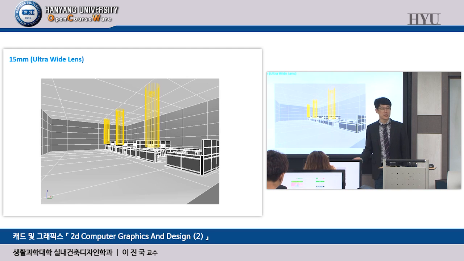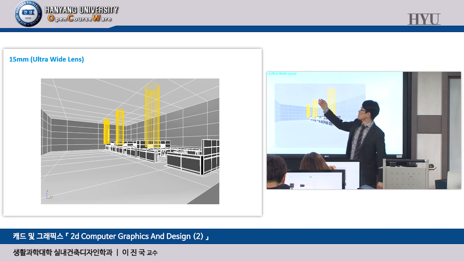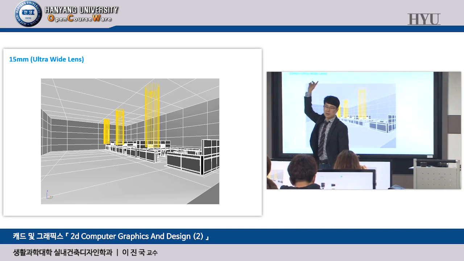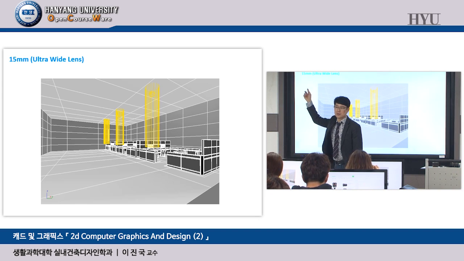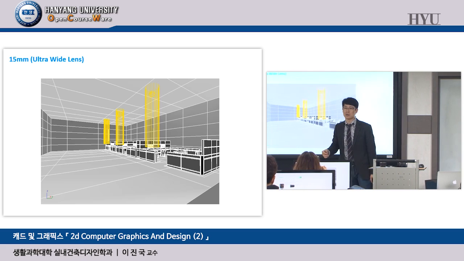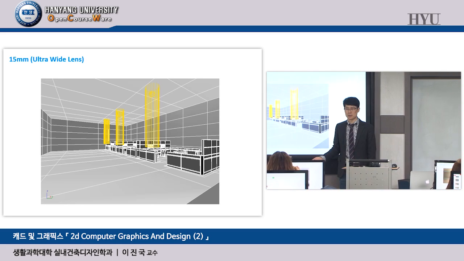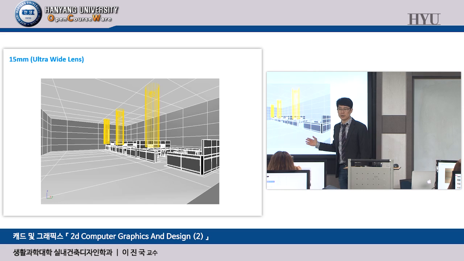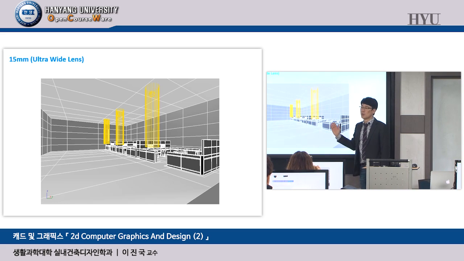Of course, some pictures can be at a different angle or focal distance, but most of them have this ultra wide. Sometimes, what if it's shorter than this focal distance? In that case, we call such lenses fisheye. They are fisheye lenses, but it's too much distorted, too much exaggerated.